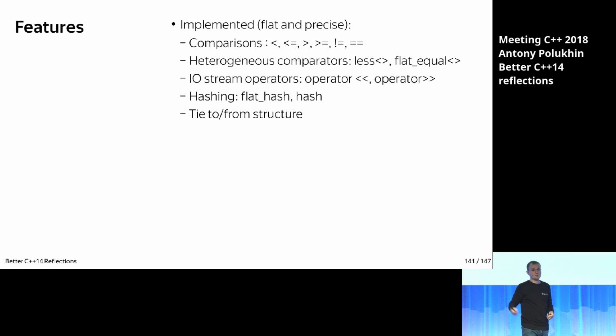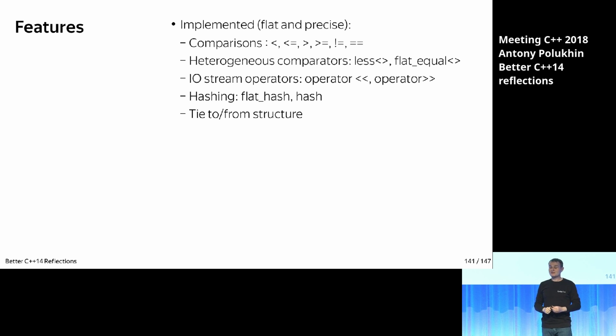Also, IOStream operators. You get a structure, you want to save that structure into the file, you just write std fstream and save that structure to the file. You want to read that structure from a file, great, std fstream, and read that structure from a file.